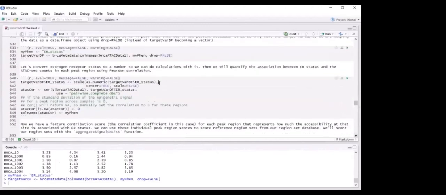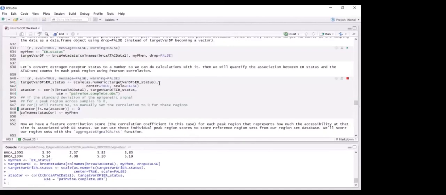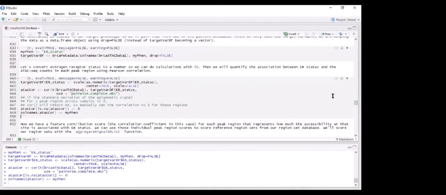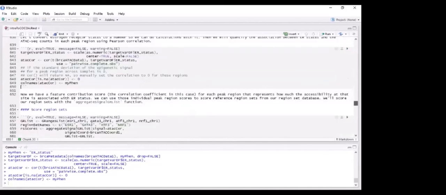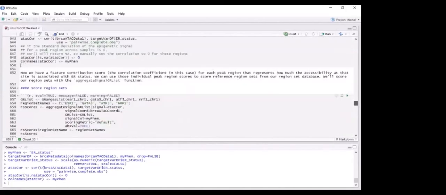All right, so now let's do another example of a supervised analysis with estrogen receptor status as our target variable. The main difference here is that there are some additional scoring methods that are available for region-based data.